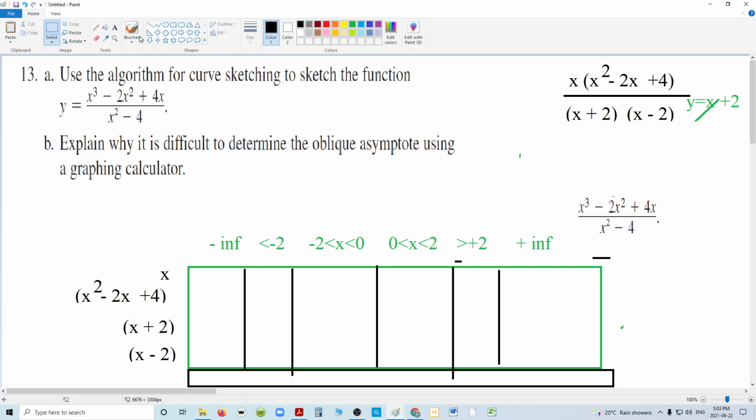When this is negative infinity, I can say it's negative, I can say it's positive, I can say it's negative, and I can say it's negative, and I can see that it's going to come out as negative. When this is just to the left of minus 2, let's say minus 3, I get 9 plus 6, 15, plus 9. So that's going to be positive. I can see that the x is going to be negative.